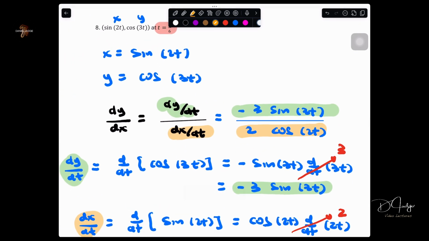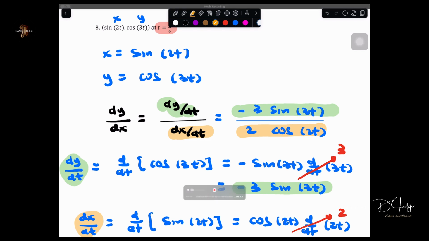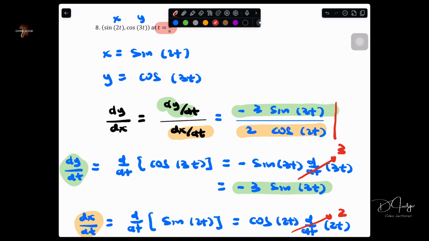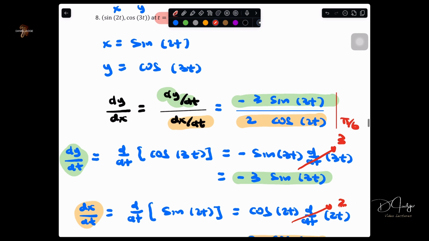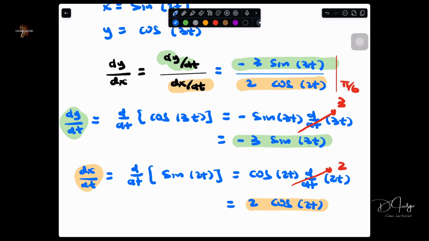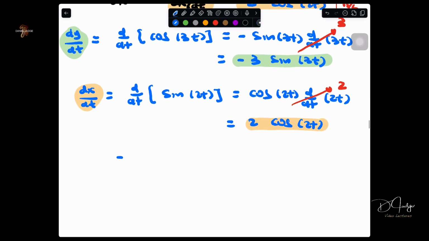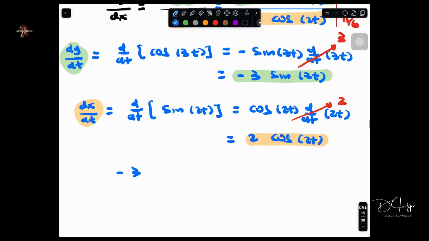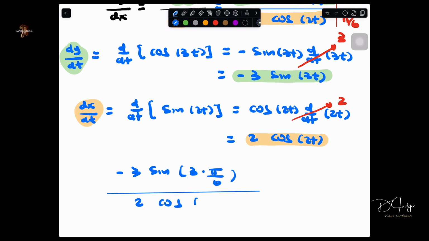So we have pi over 6 now. I'll just put this pi over 6 here. And what this will become is -3 sine 3 times pi over 6 over 2 cosine 2 times pi over 6.